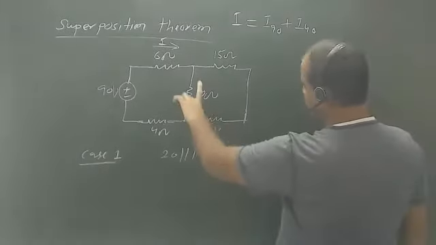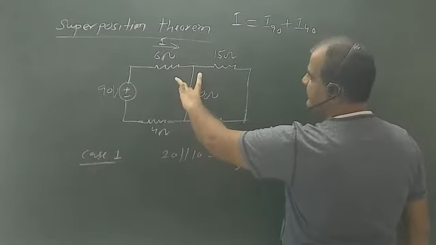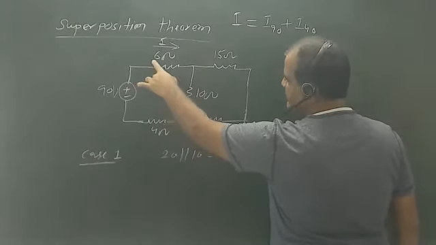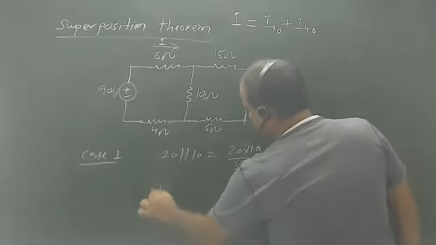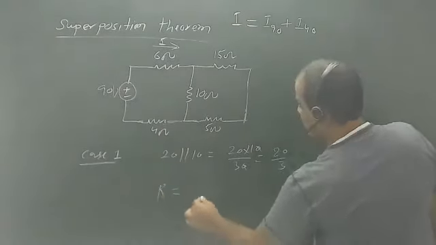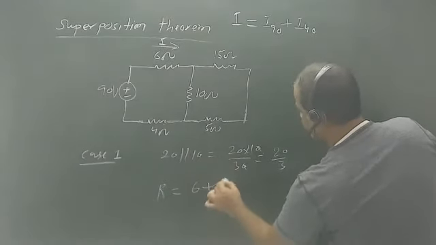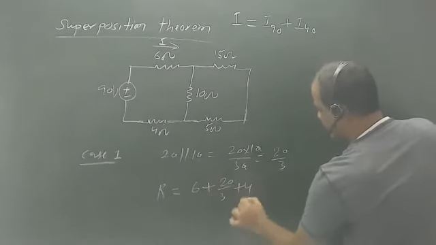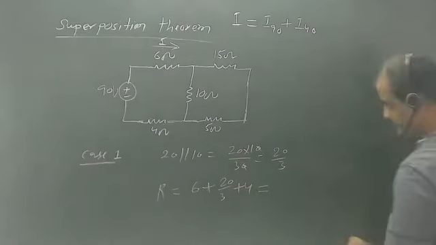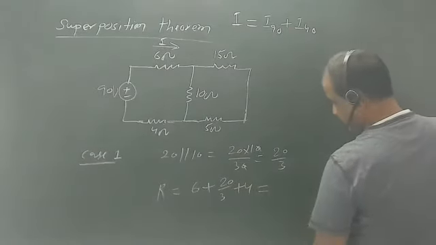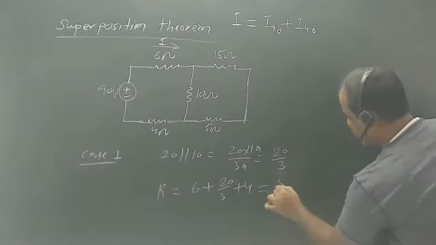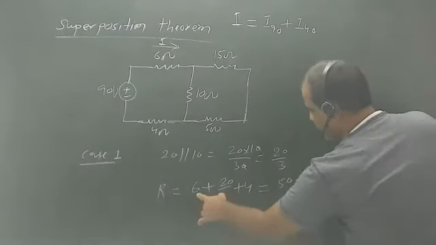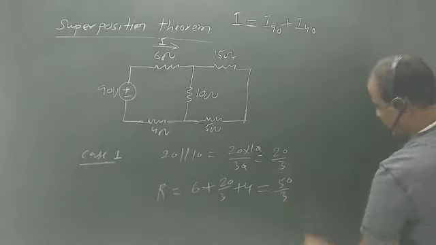This 20 by 3 is in series with 6 ohm and 4 ohm. तो टोटल रेजिस्टेंस हो जाएगा 6 प्लस 20 by 3 प्लस 4. कितना हो गया? 50 by 3.